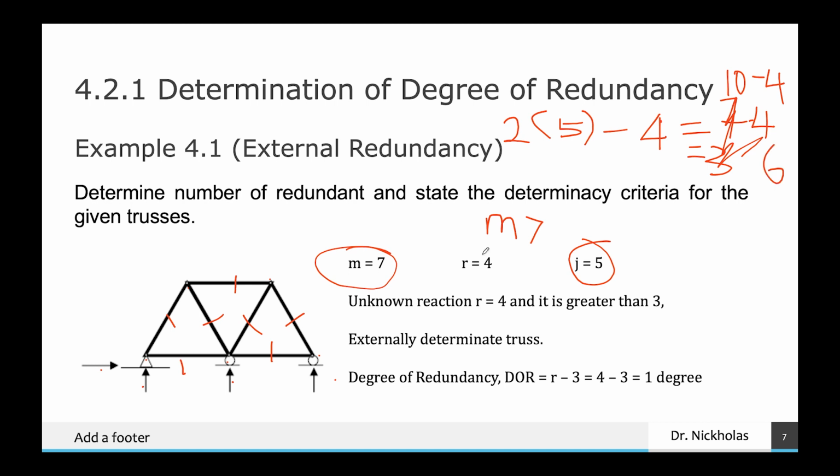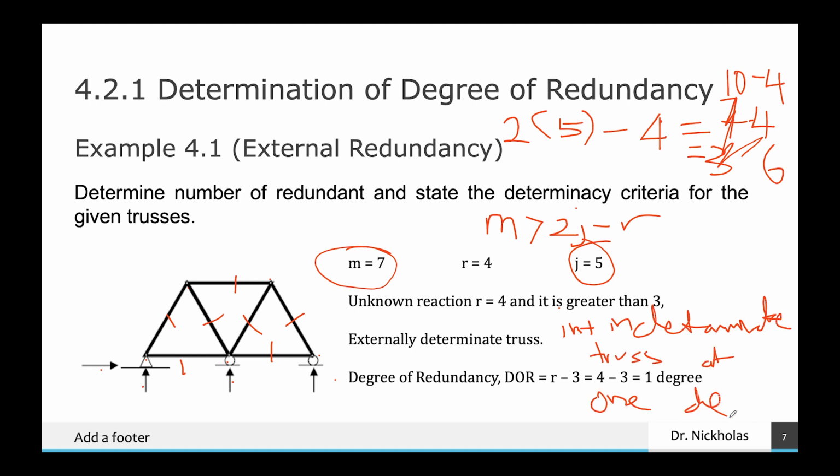So m is greater than 2j minus r. So this structure is considered as an internally indeterminate truss at 1 degree.